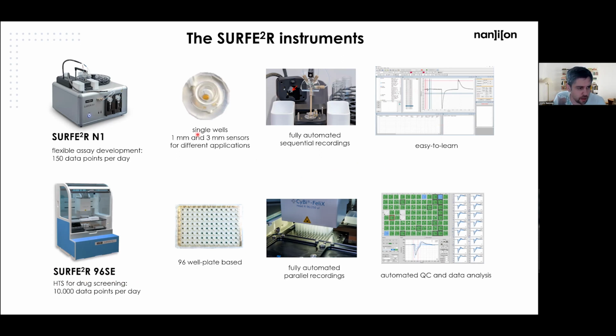In general, the Surfer N1 is an easy to learn instrument. It is very flexible for assay development, while the Surfer 96 SE also comes with a very powerful automated data analysis software, and is very suitable for secondary screening, for example.